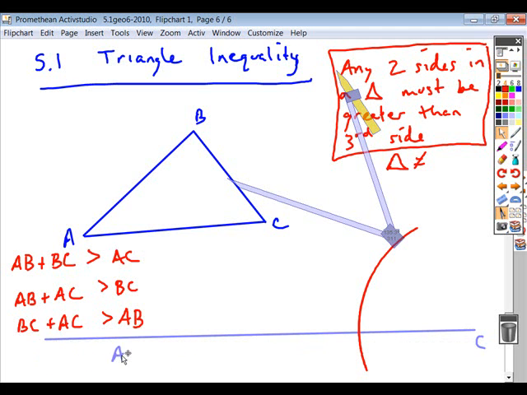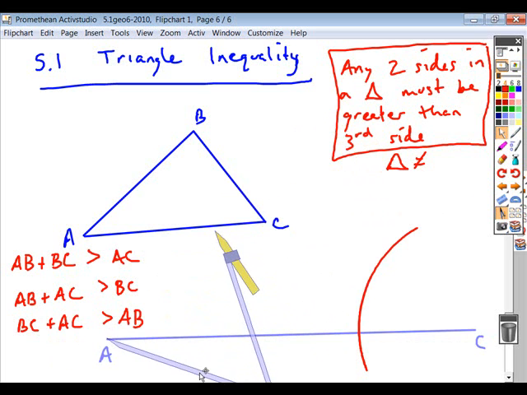Let's say here is my point A. I also know that B has to lie somewhere on this point. If this triangle inequality does not hold, can AB and BC ever create a triangle here? No. Here's a case where AC is larger than the sum of the other two sides.